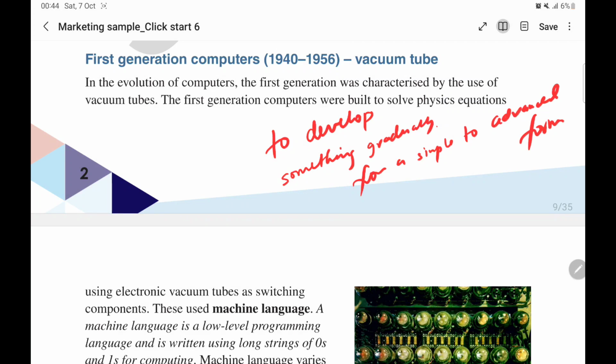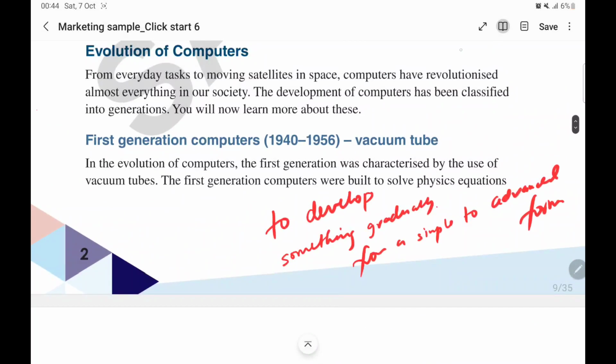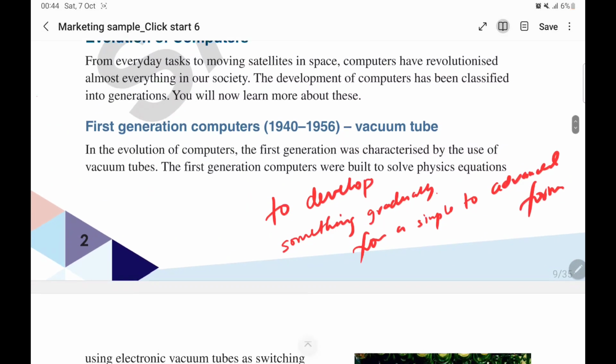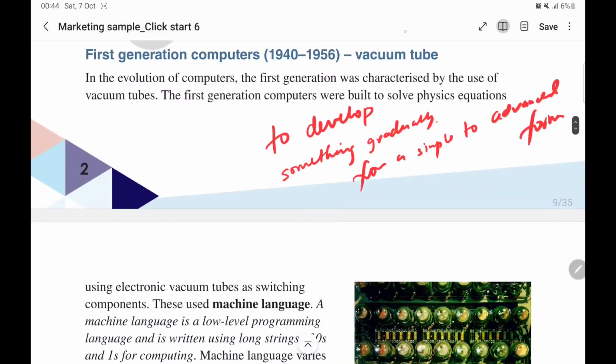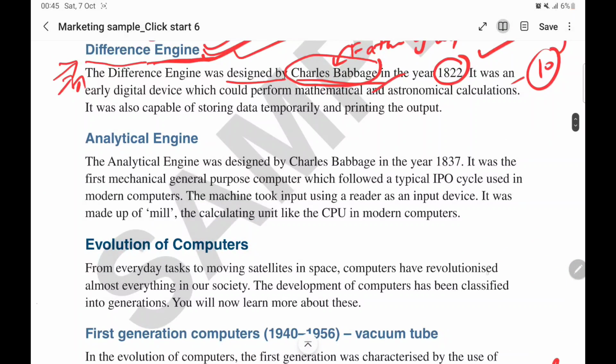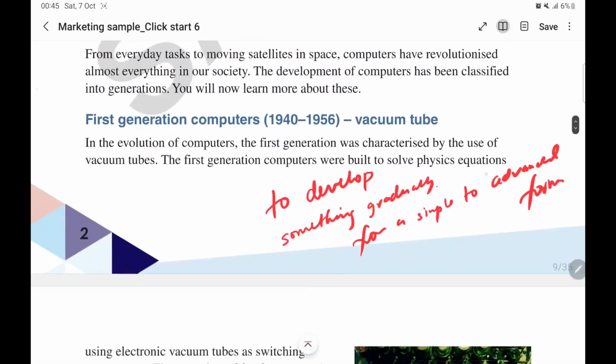So how were these first generation computers, which were using vacuum tubes, solving the physics equations? The answer to this question is here, students.